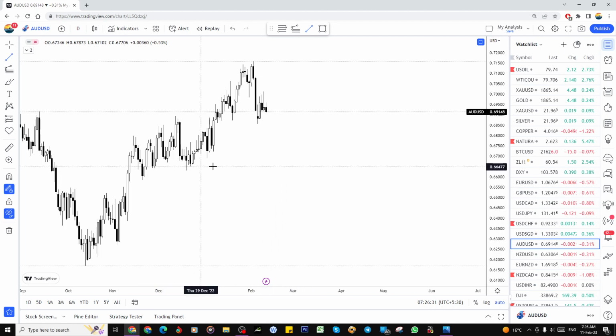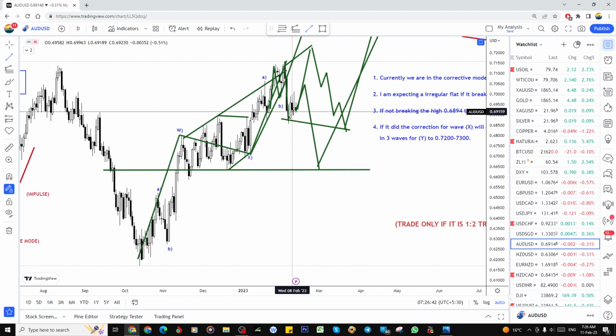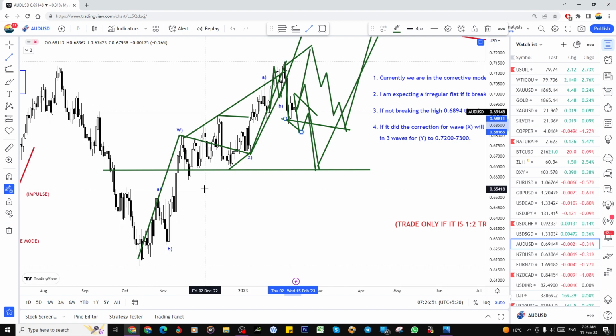Anyway, I am looking only for that correction part to retest this 6 level. In this zone, I am expecting the next target. So either we are expecting this one, or the market will do like this also. Then this will become the corrective part. So these are the options.